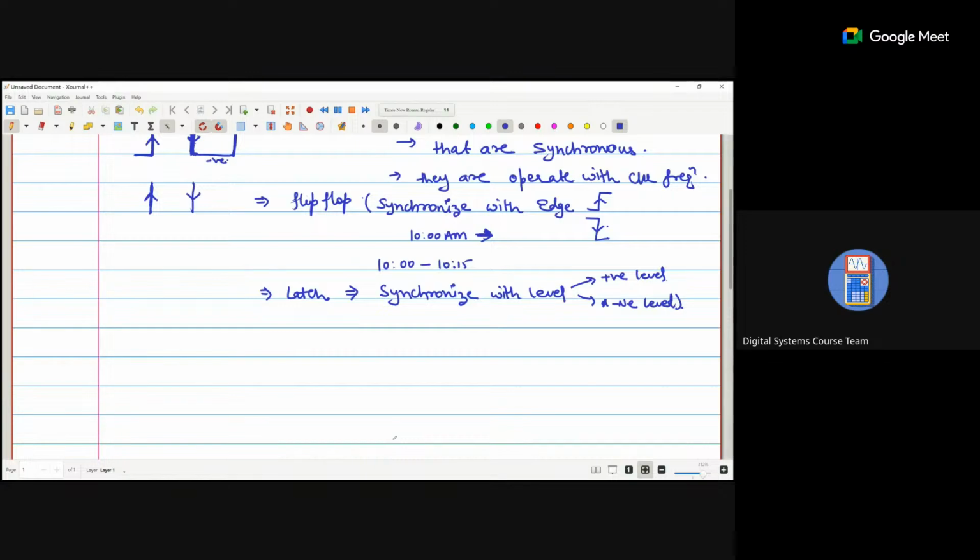Now, with the help of flip-flops, we can create other devices, like counters, registers, which are basically memories, and finite state machines, FSMs.